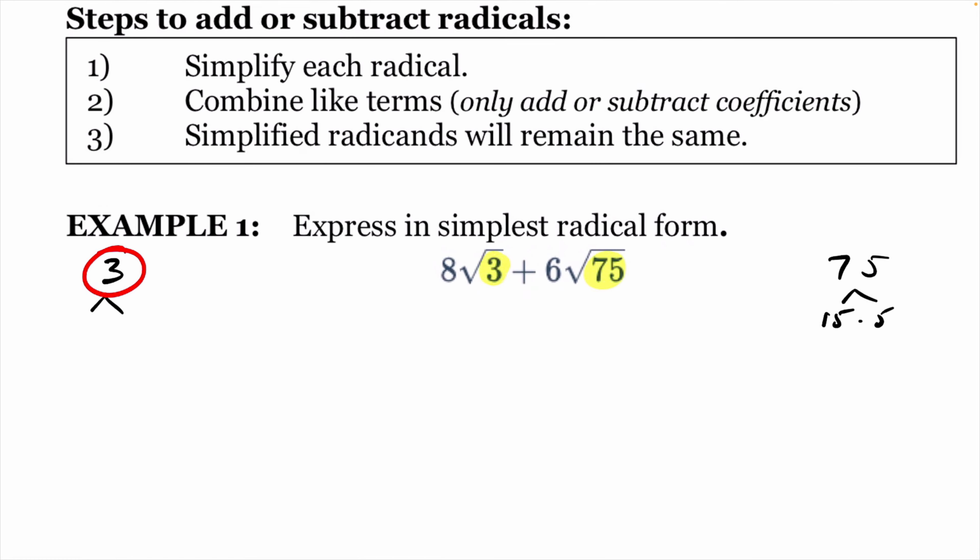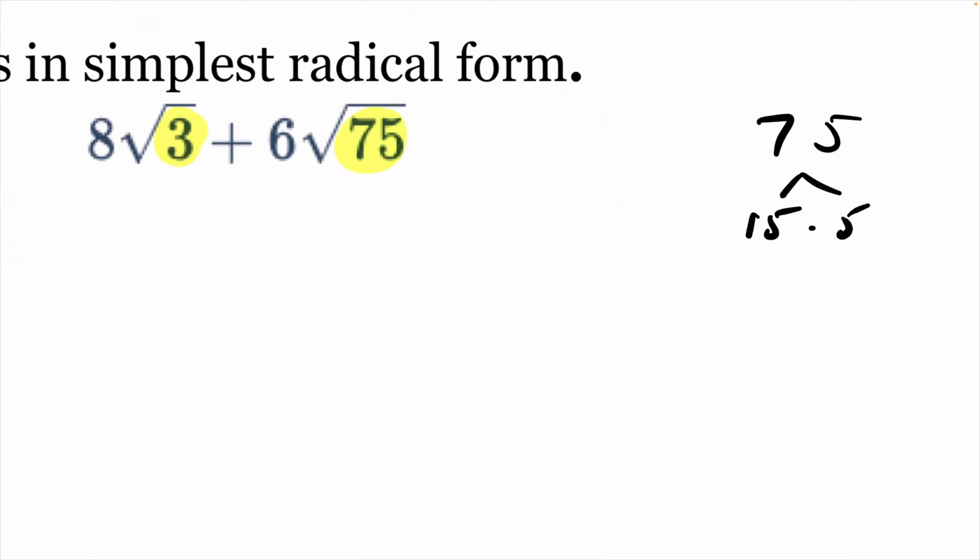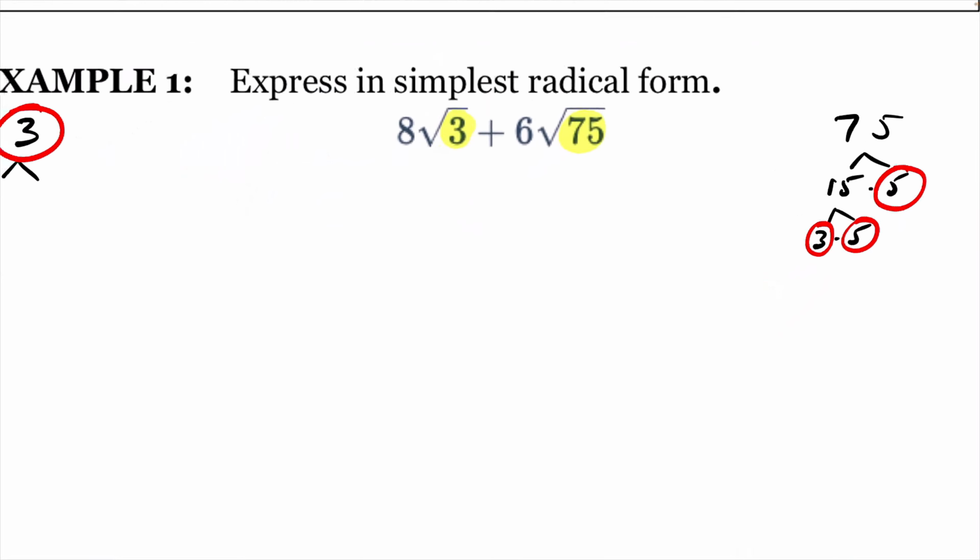Remember, it could be any two numbers. There's others, too, that work, but start anywhere. Well, 5, I'm going to circle 5 because I can't break that down. Then 15 is 3 times 5. Circle 3, circle 5, because those can't be broken down.